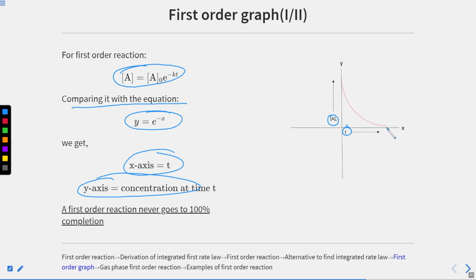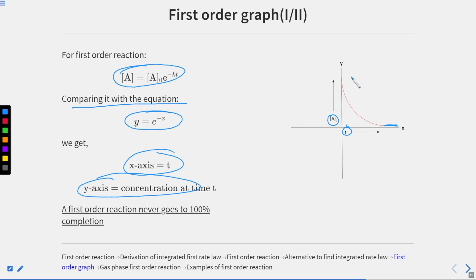Now if you look here very closely, you can see that after some time this graph will go parallel to the x-axis. So when it becomes parallel, what is the outcome of this? This is the concentration graph and it is the concentration at time t.